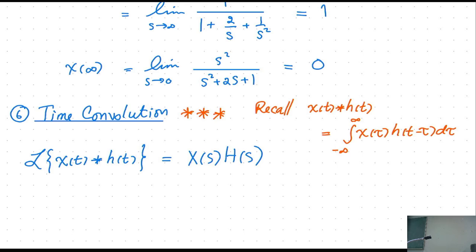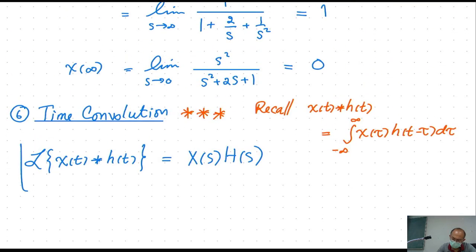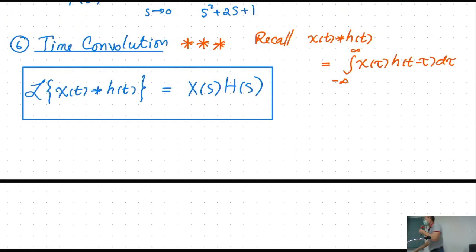These two are equal. So what is the importance of this? Why does it make our life easier? In other words, the Laplace transform of convolution is equal to the product of the Laplace transforms.